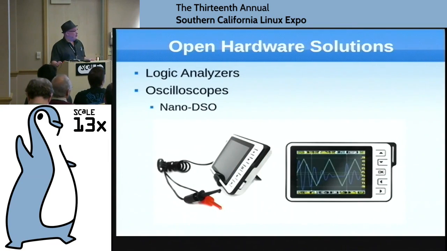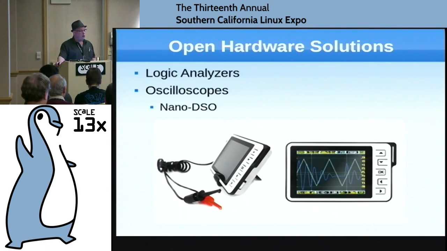There are such things as the Nano DSO, which actually runs Linux on several versions of it. Others are a lower ARM Cortex device that runs a specific firmware, but all of it is open source so that you can work with it. So technically, this isn't actually open hardware, but it's an open hardware friendly tool that's getting down there where commercial companies are starting to see there's a point to providing these types of items.